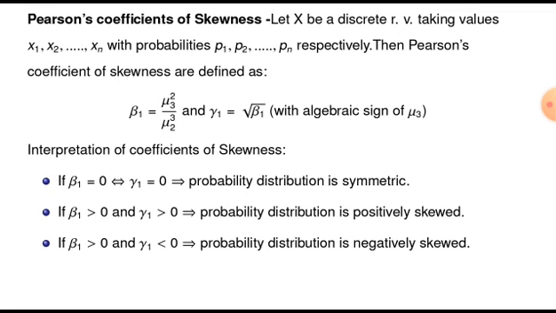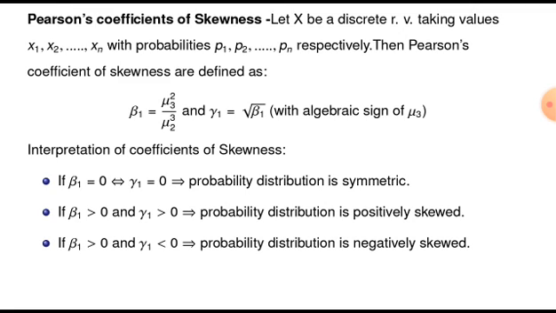So gamma 1 is equal to square root of beta 1 with algebraic sign of mu 3. The beta 1 is always positive, but its square root can be a negative as well as positive quantity. So gamma 1 will be negative if mu 3 is negative, and it will be positive if mu 3 is positive. So the sign of gamma 1 depends on mu 3.